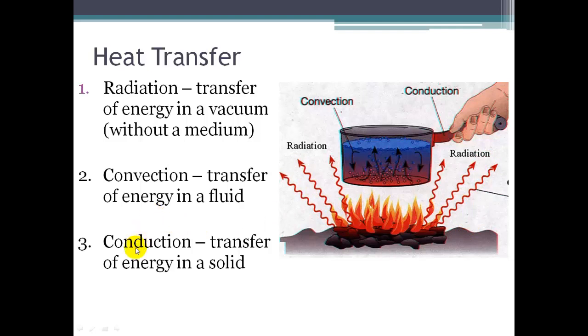We also have conduction, which is the transfer of energy in a solid. So in a solid, you can think of the molecules as tightly packed. And conduction is literally the transfer of heat molecule by molecule by molecule. The example in our picture here is the pan that holds the water. The pan itself is made of metal.